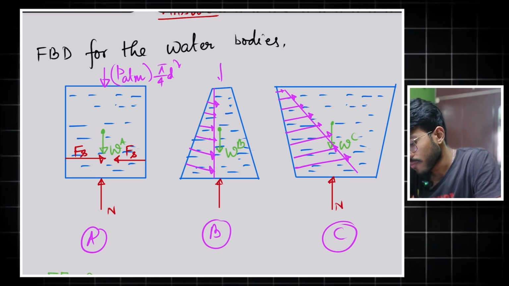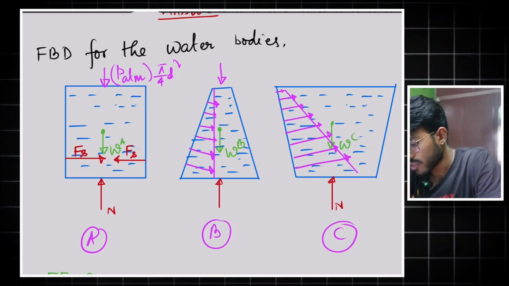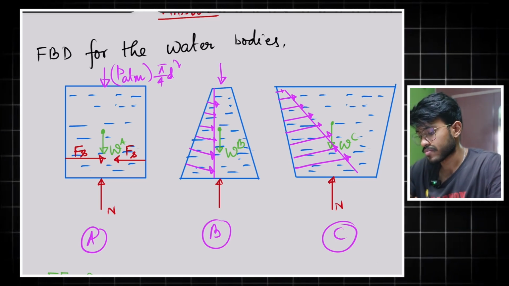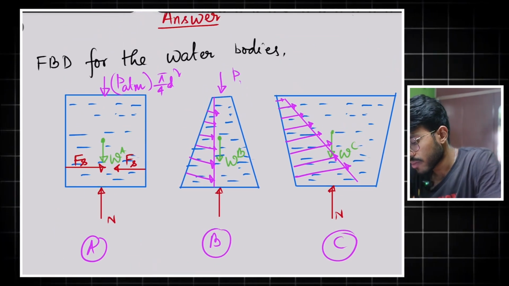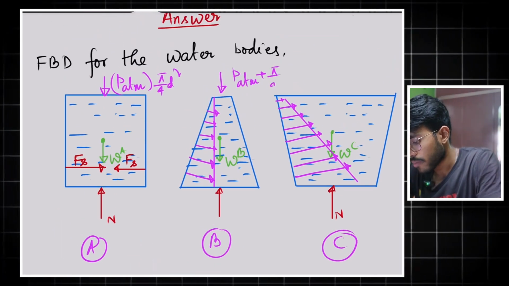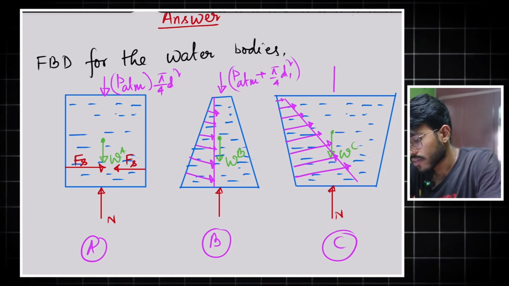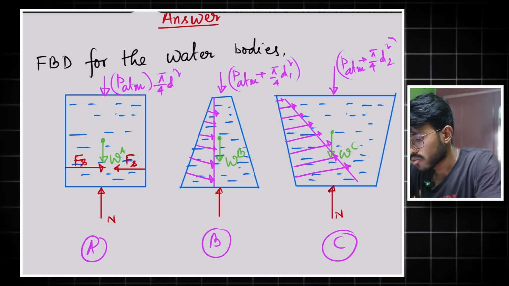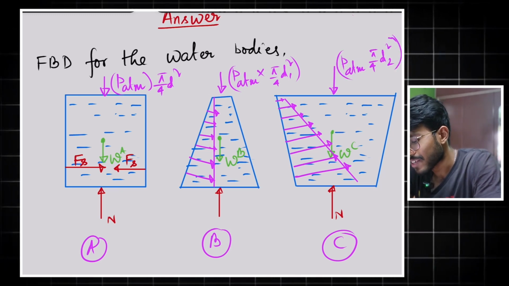So this will be the same for all the three cases, not all the three actually, because here the diameter is not the same. So here it will be PATM into pi by 4 d1 square, and here PATM into pi by 4 d2 square.